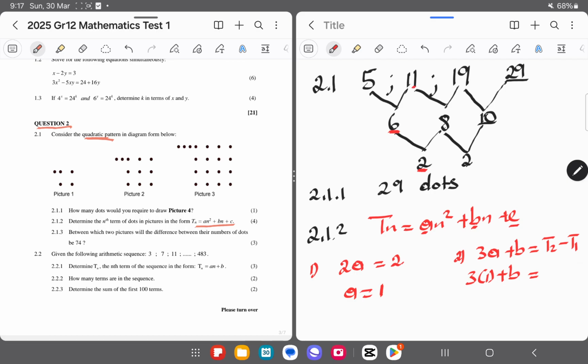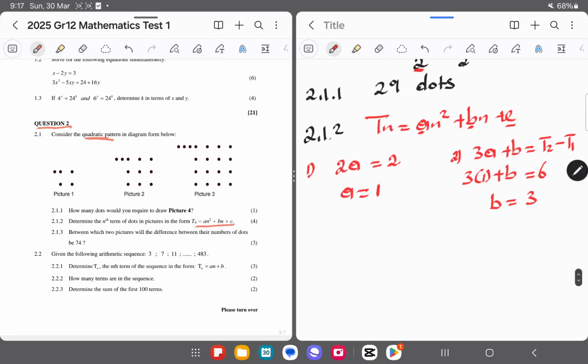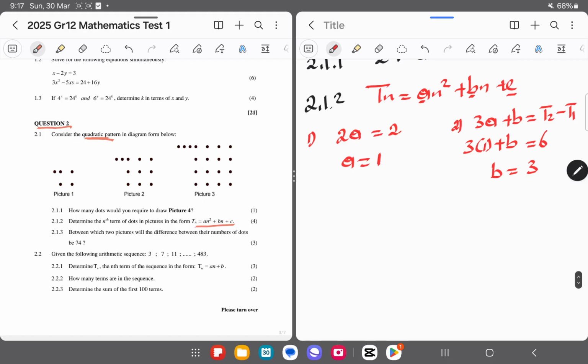We already have that as 6. So B is equal to 3, because if you take 3 to the other side, it becomes negative, and 6 minus 3 gives you 3.